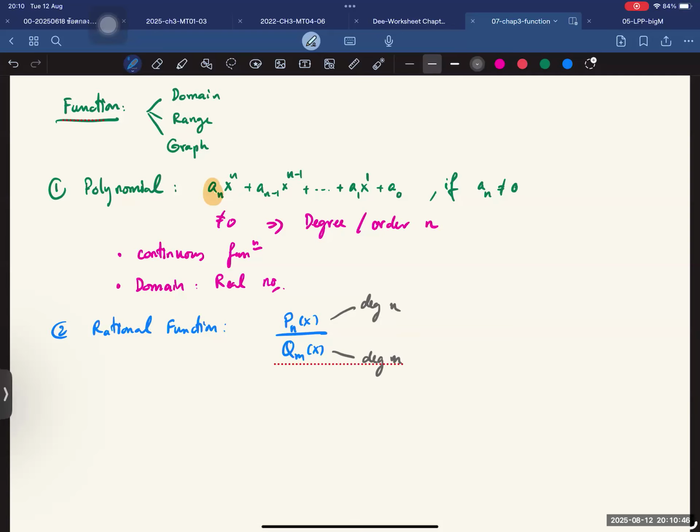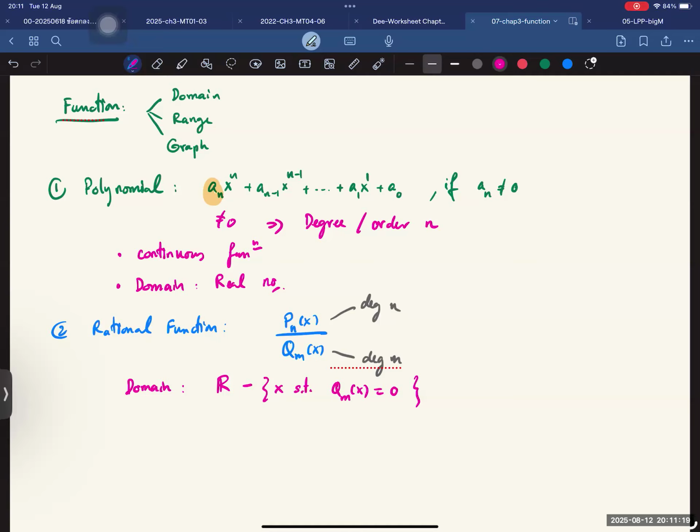And for the domain, this function has something special. The domain can be any real number except the values of x such that Q_m(x) equals 0. We do not allow the denominator to be 0.